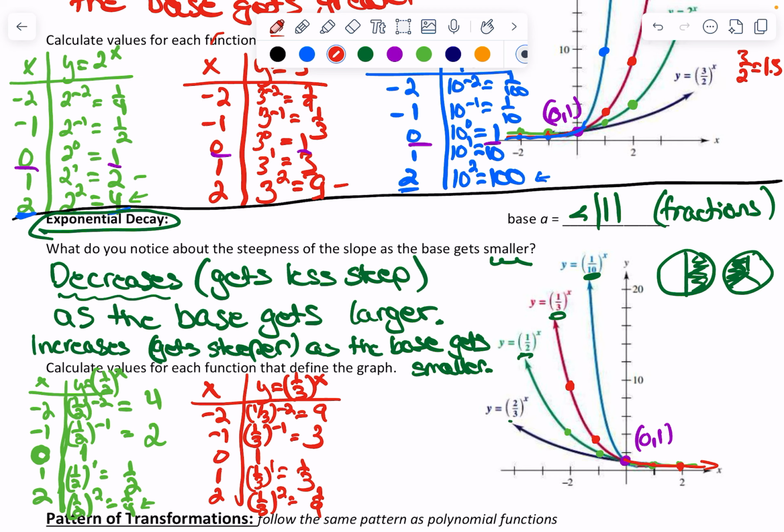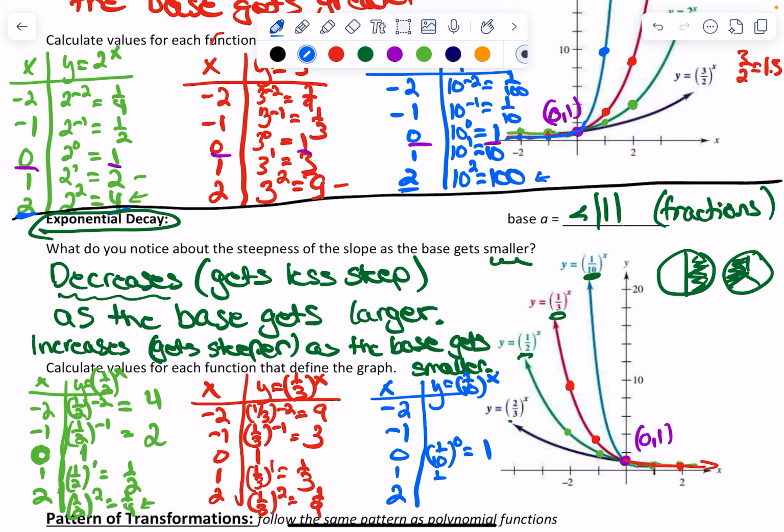Okay, let's do the 1/10 to the power of x. Here we go. So -2, -1, 0, 1, and 2. Again, 1/10 to the power of 0 is going to be a 1. 1/10 to the power of 1 is going to be 1/10. 1/10 to the power of 2 is going to be 1/100th.